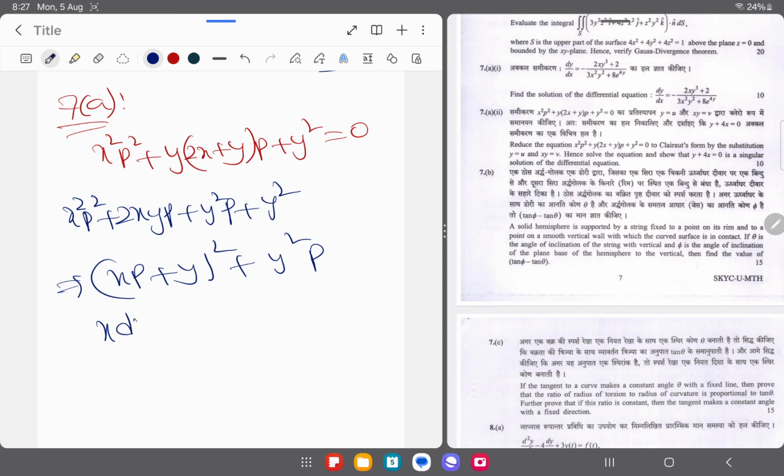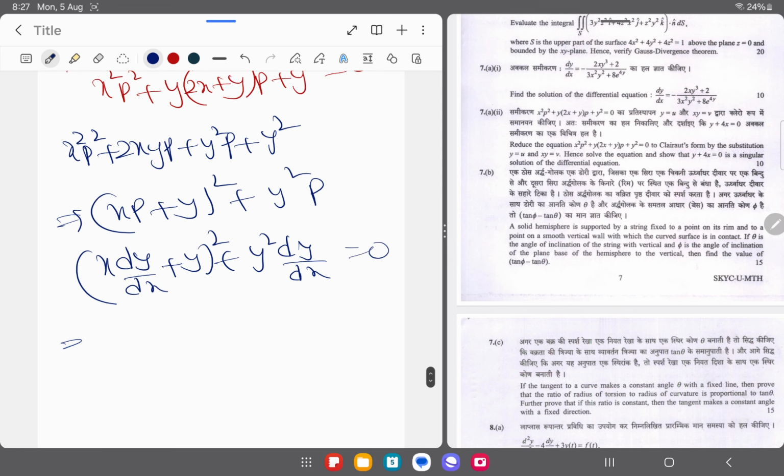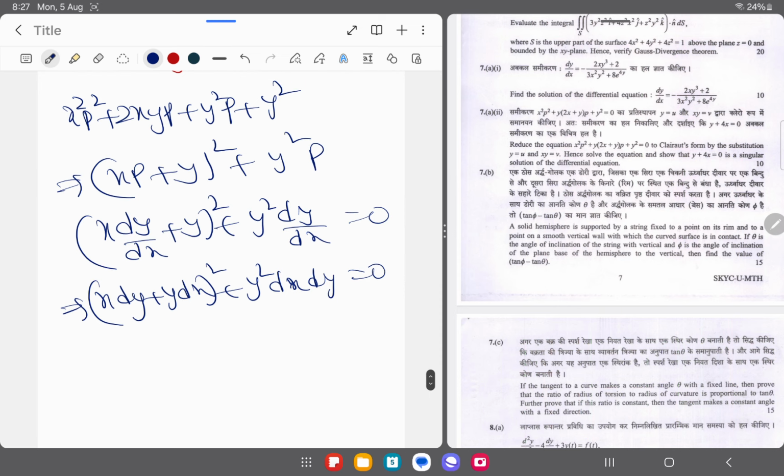So x into dy by dx plus y, whole squared, plus y squared into dy by dx is equal to 0. So x dy plus y dx whole squared plus y squared into dx dy is equal to 0, right? This will be d of yx, plus y squared dy dx is equal to 0.